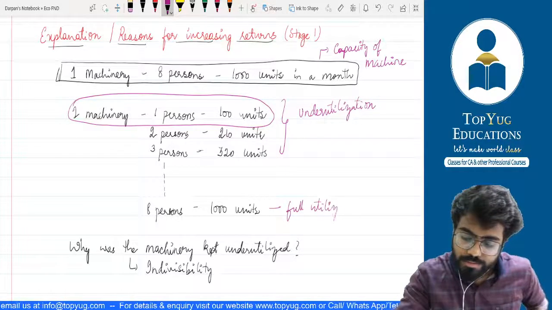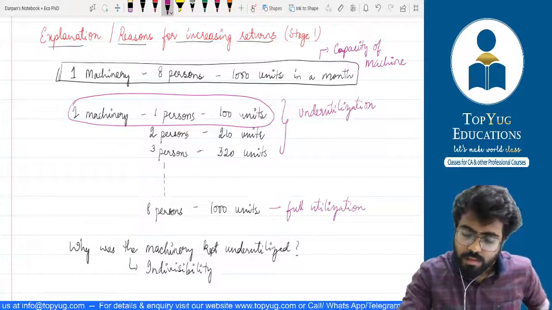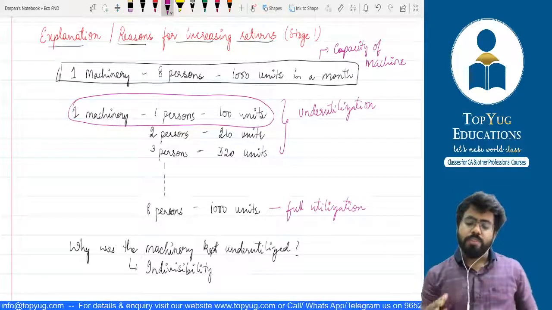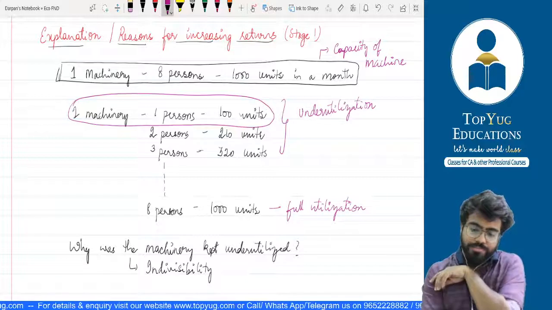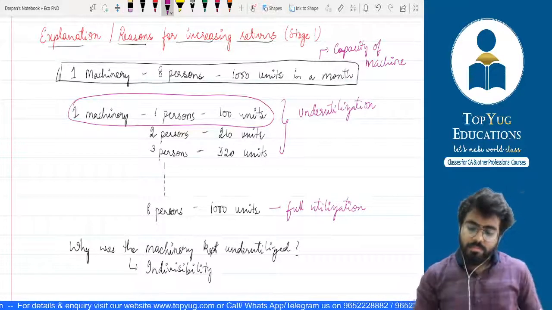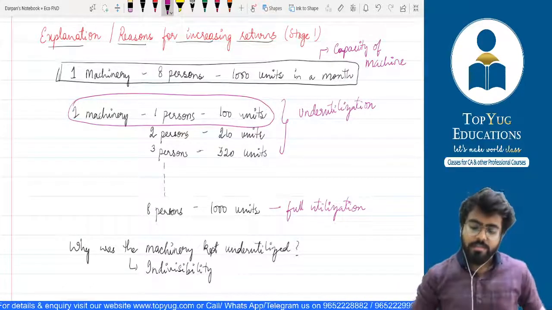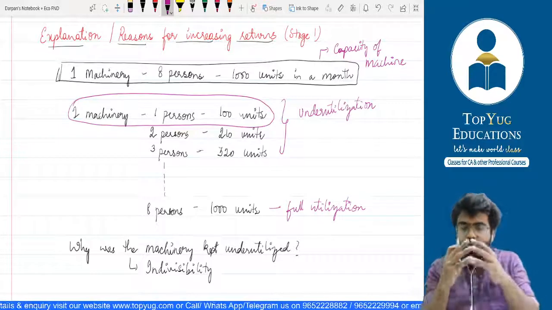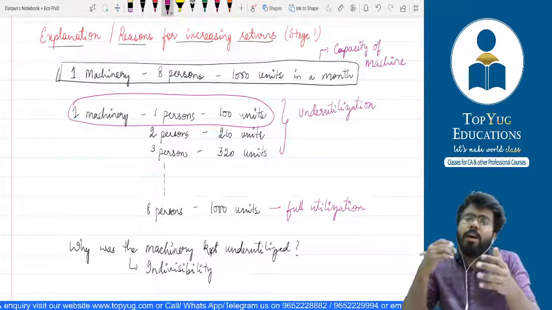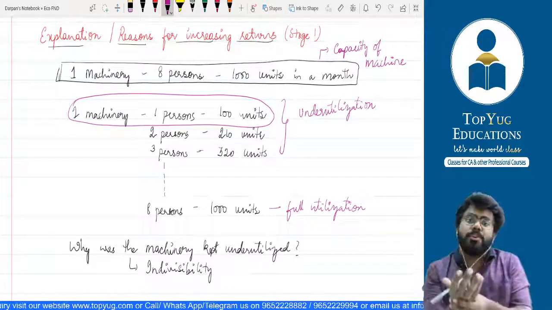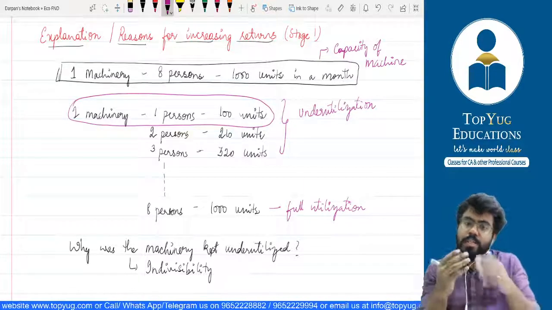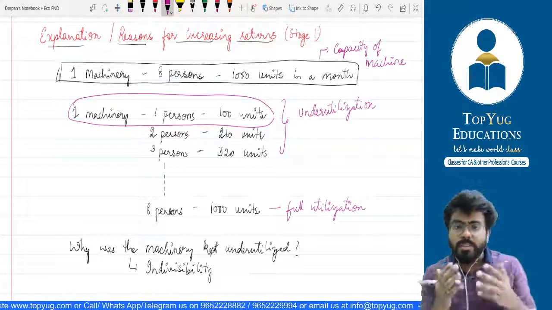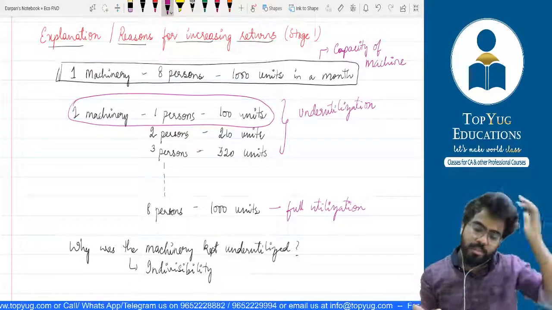When 8 persons are employed, that is full utilization. Right? So the capacity is 1,000 units of production. If you are producing 1,000 units, then it will be full utilization of that machine. But if you are producing less than that, then it is underutilization of that machine. All right.